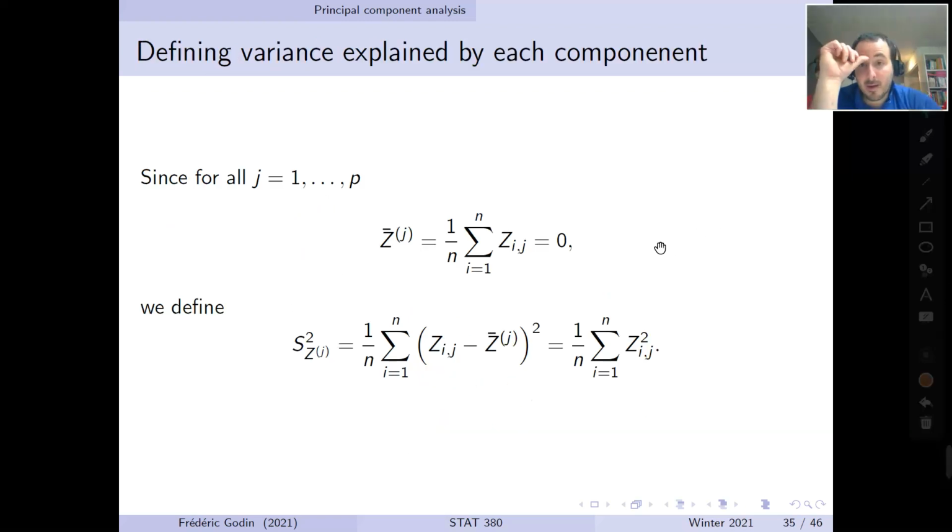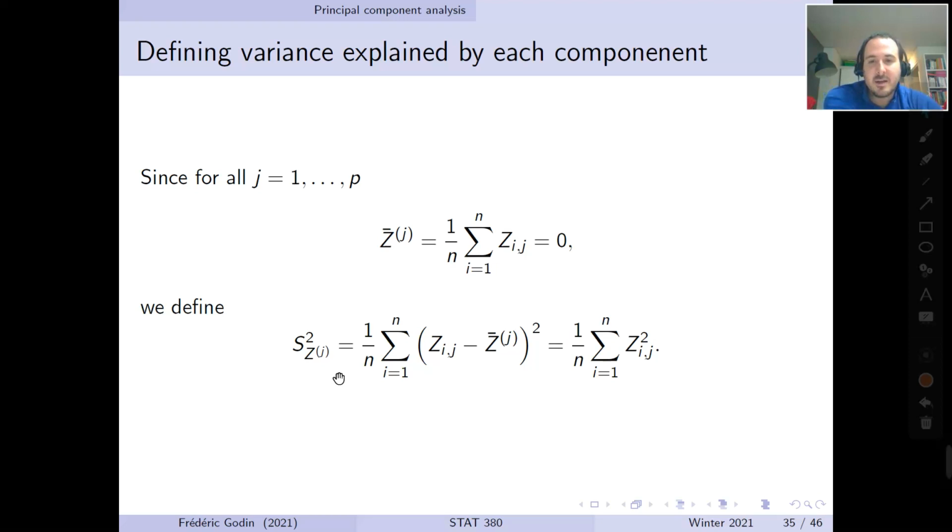Okay. Now, we just outlined that z bar j, which is for the jth predictor the average of coordinates across all observations, is 0. Then we will define what follows.